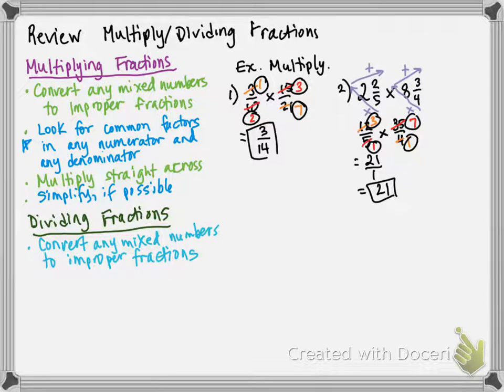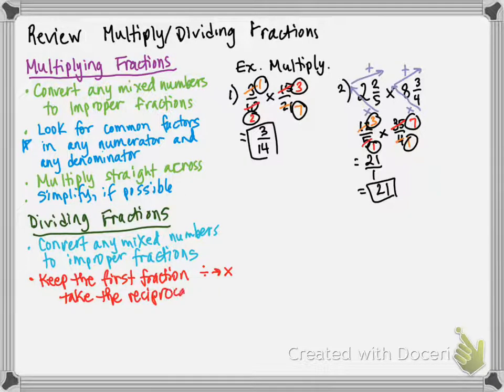Now what you're going to do is keep the first fraction, because now we have two fractions, and then you're going to change division to multiplication, and you're going to take the reciprocal of the second fraction.